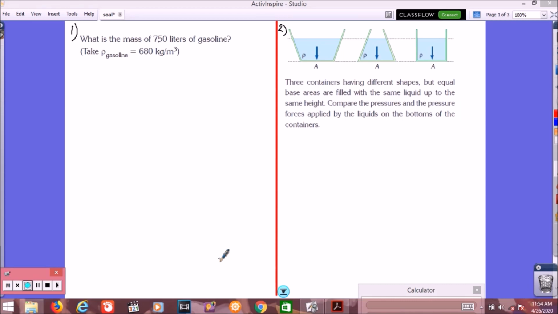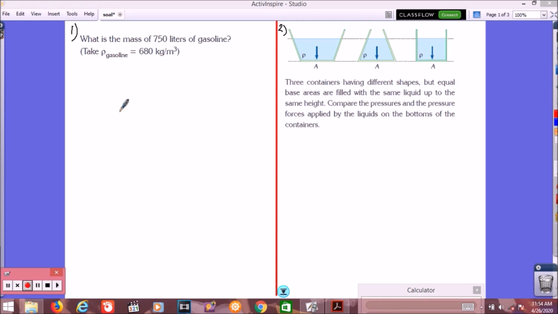Okay, number one: what is the mass of 750 liters of gasoline? Take the density of gasoline as 680 kg per meter cubed.